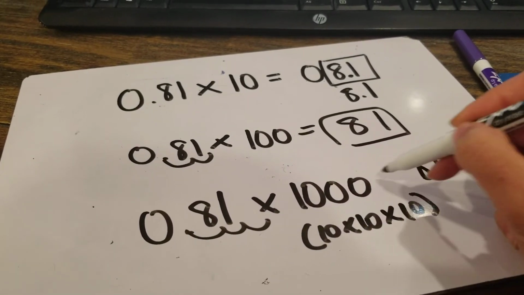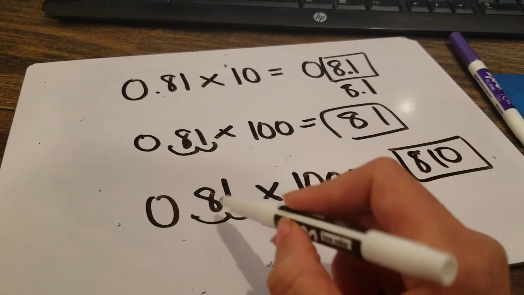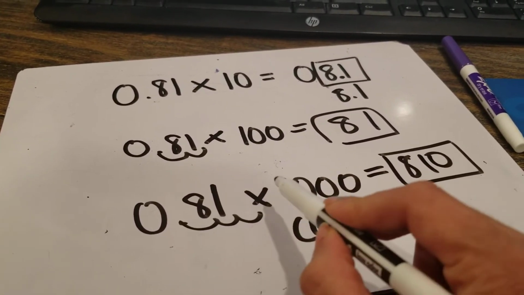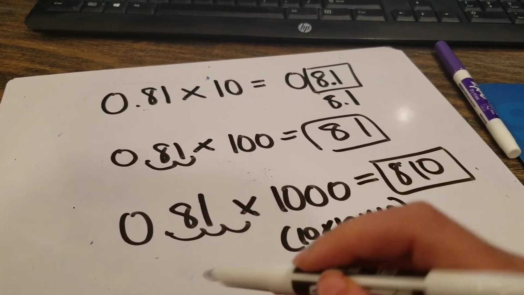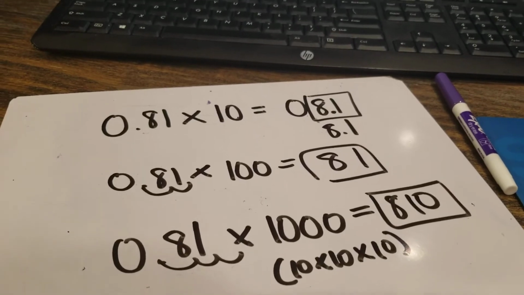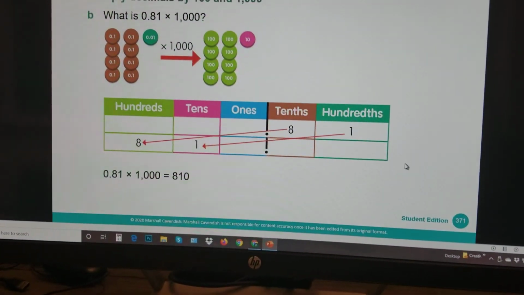It would be 810. Okay? You could think of it individually like 8 times 10 times 10 times 10, or you could think of it as 0.81 times 10 times 10 times 10. Okay? So keep that in mind. 5P, good job.